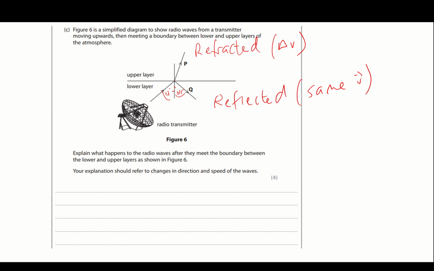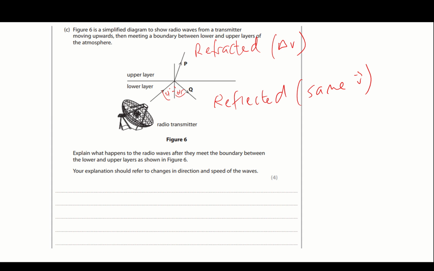And one of the reasons we use radio waves for communication is we can bounce them off the atmosphere, which is kind of useful, and because they don't have a lot of energy. Clearly, communicating with satellites, this is going to be rubbish because a lot of our energy is going to be reflected back to Earth. Thus why we use microwaves. So your explanation needs to refer to changes in direction and the speed of the waves.